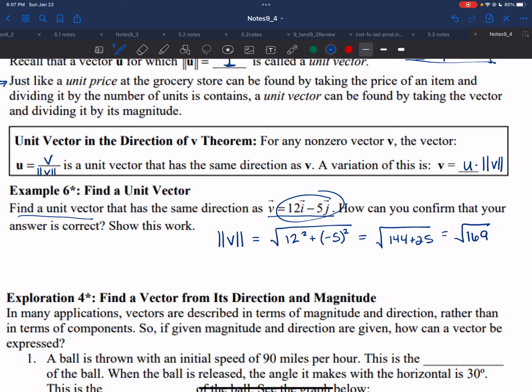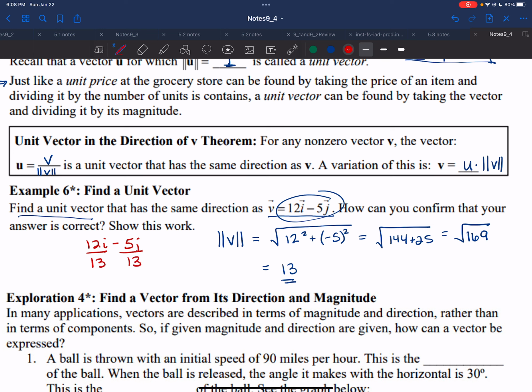And that is actually a value of 13. So my vector has a magnitude of 13. Now it wants me to take my v value, which is 12i minus 5j, and divide it by my magnitude, and I've got it.